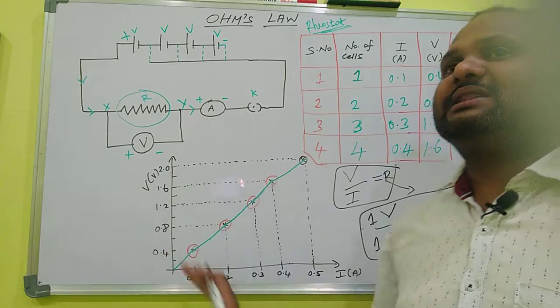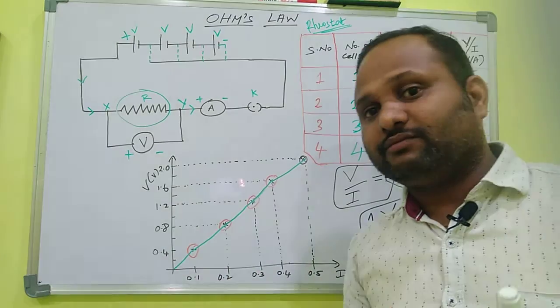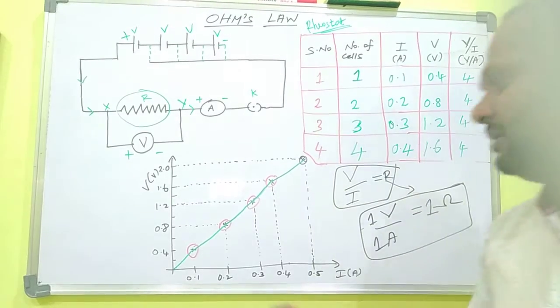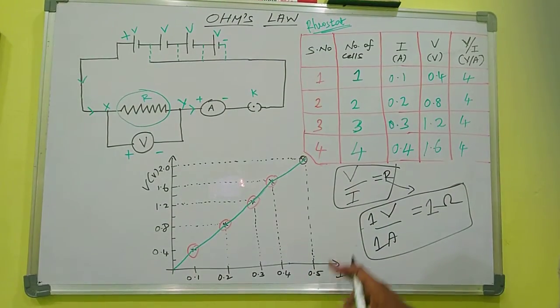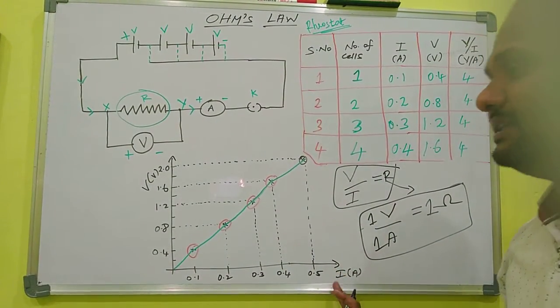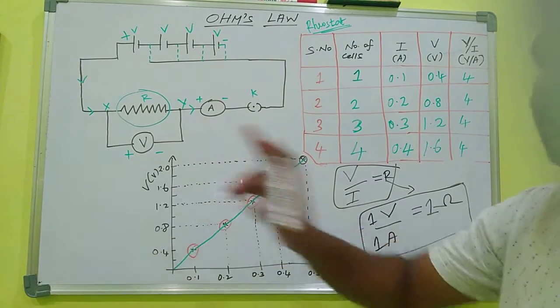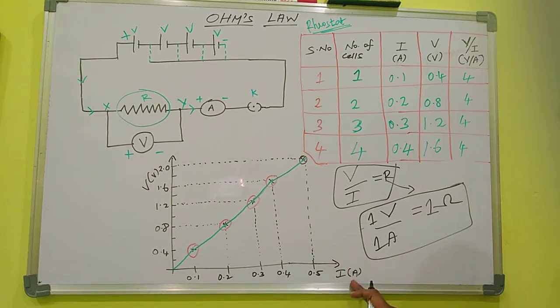By using a graph also, we can measure resistance. How? By plotting a graph, taking current on the x-axis and potential difference on the y-axis. The unit of current is ampere, the unit of potential difference is volt.